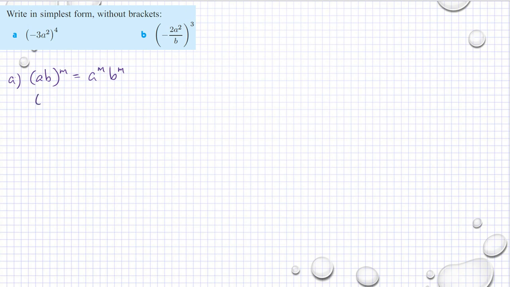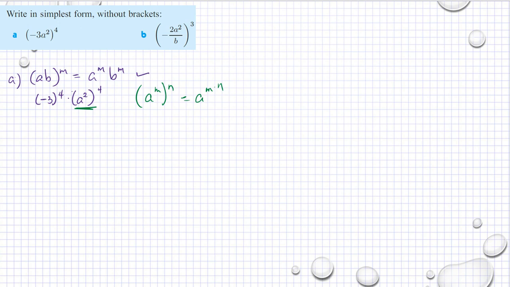So we have negative 3 raised to 4 multiplied by a squared raised to 4, according to this law. So that means we can use another law for this one, just for this one. What law is that? We have a raised to m, raised to n, is the same as a raised to m times n.